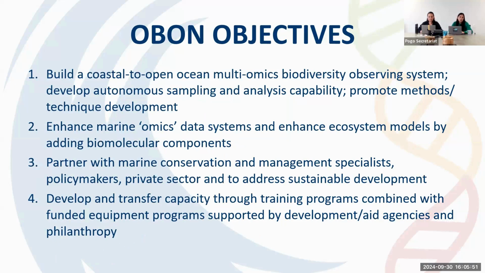Third is to partner with marine conservation and management specialists, policymakers, the private sector, and in doing so to address sustainable development. And the fourth, although these aren't really in consecutive order, is to develop and transfer capacity through training programs combined with funded equipment programs supported by development and aid agencies and philanthropy.